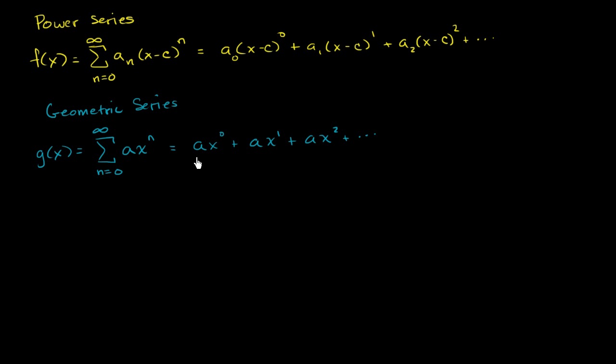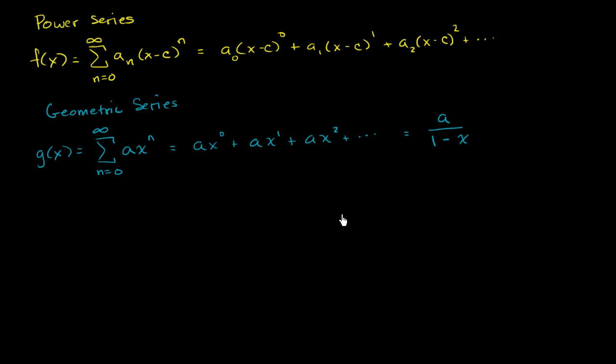Well, we've already seen how we can take this sum. In fact, we've already done multiple examples where we take sums of infinite series, and we've derived the formula that gets us that this is going to be equal to a over 1 minus our common ratio. And in this case, our common ratio is equal to x.